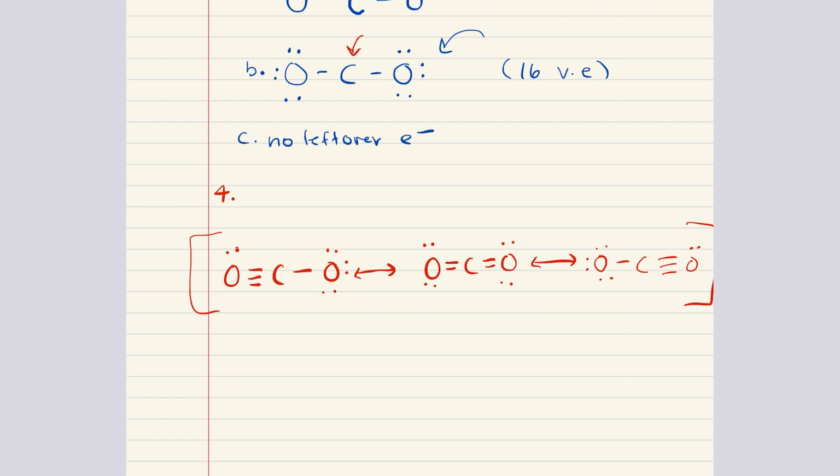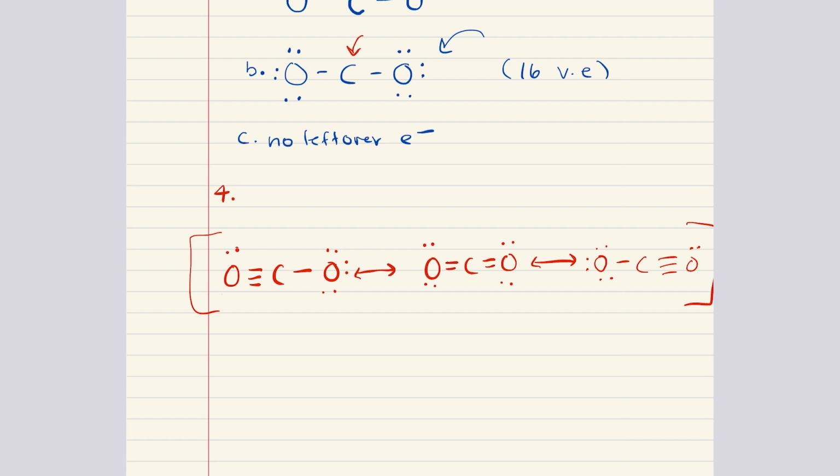So then you start to move into the second and third rulings where you try to figure out formal charges and which ones have no formal charges, which ones have formal charges. If they do, where are the formal charges located in terms of atoms? All of that will help you account for which one is the most significant structure.